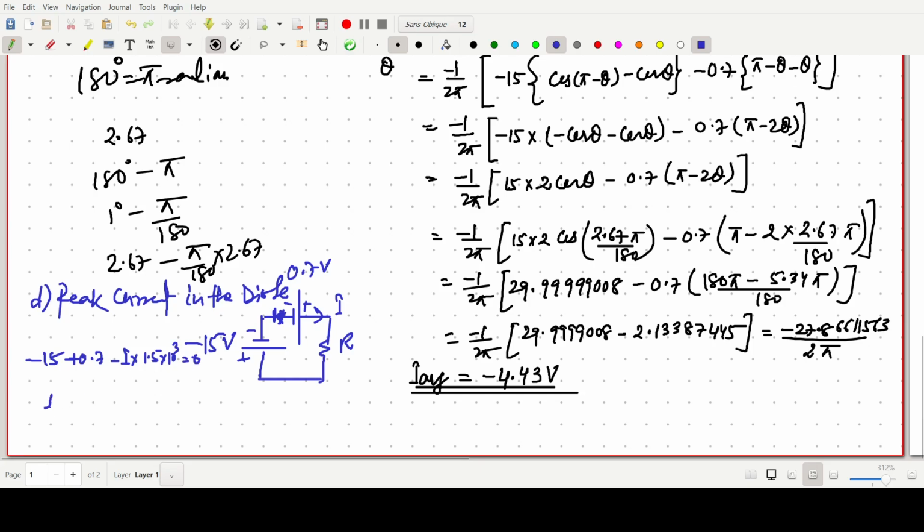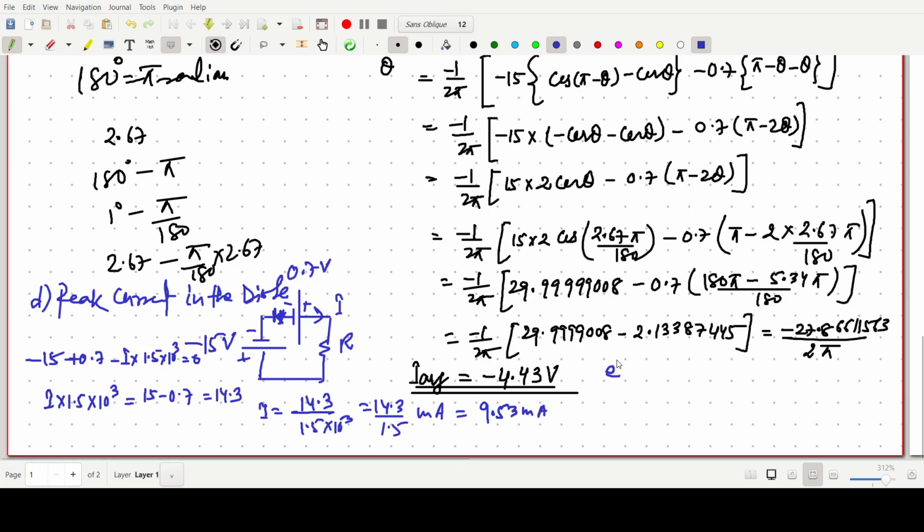So I into 1.5 into 10 power 3 equals 15 minus 0.7, which is 14.3. So the maximum current I will be 14.3 by 1.5 into 10 to the power 3, so 14.3 by 1.5 milliampere, and if we solve, it will come 9.53 milliampere.